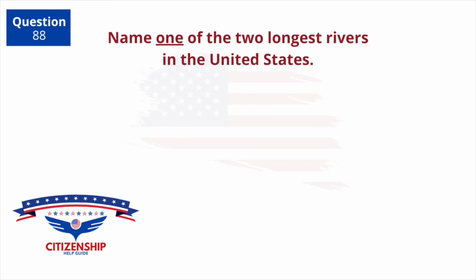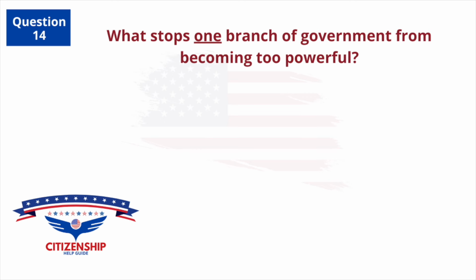Name one of the two longest rivers in the United States. Missouri River. What stops one branch of government from becoming too powerful? Checks and balances.